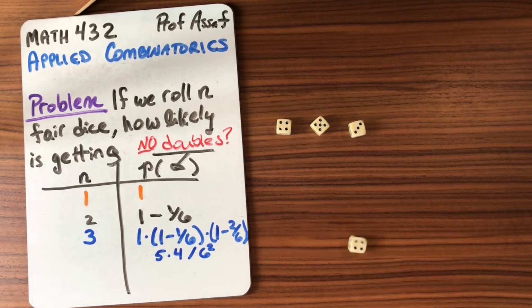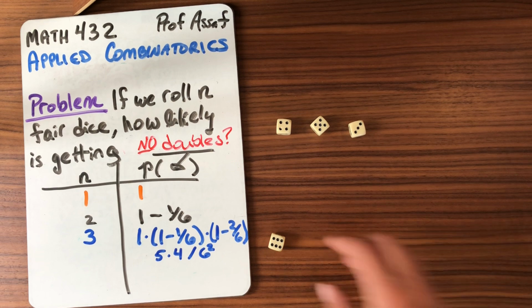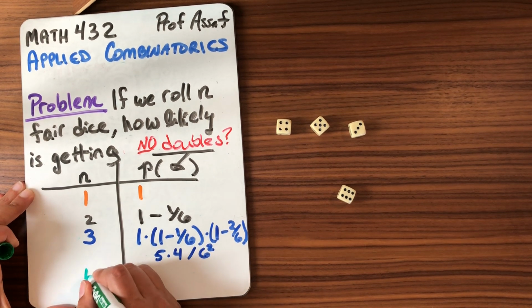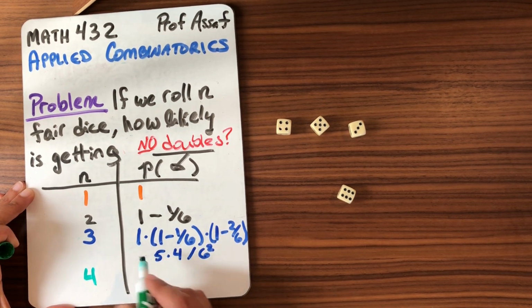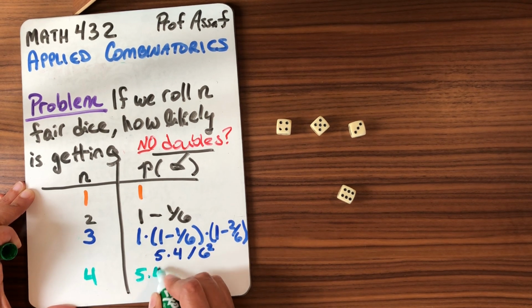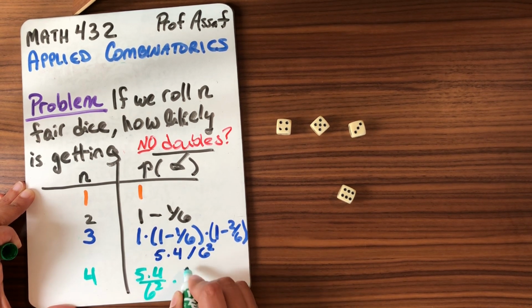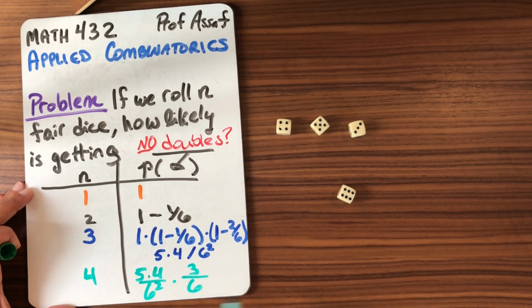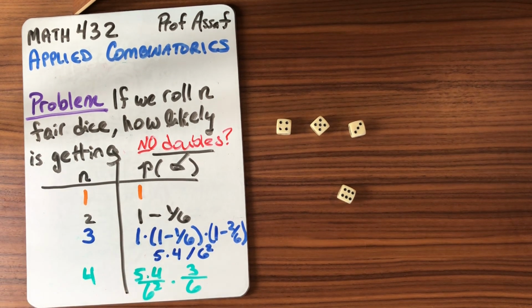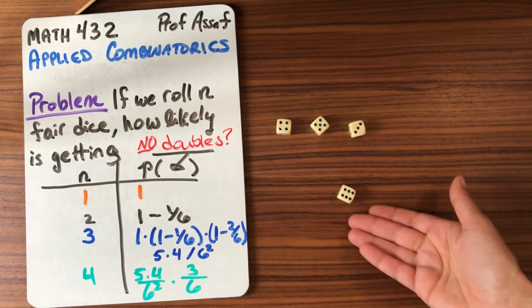I have a 50% chance of getting it. And now I finally got it. So when I'm rolling 4, I'm going to get what I had before, but I'm going to multiply it by 3/6. So I have 5 times 4 over 6 squared, and now I'm multiplying it by 3 over 6. So you can see what the pattern is here, right? I have a falling factorial happening on the top, and on the denominator, I'm getting powers of my set of possibilities for 1 die.